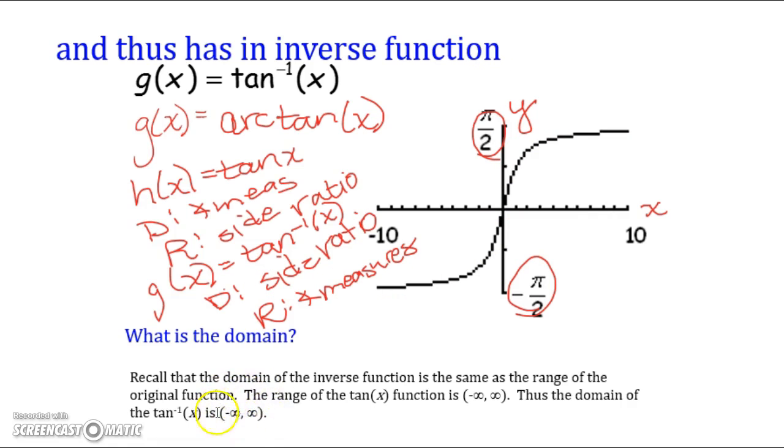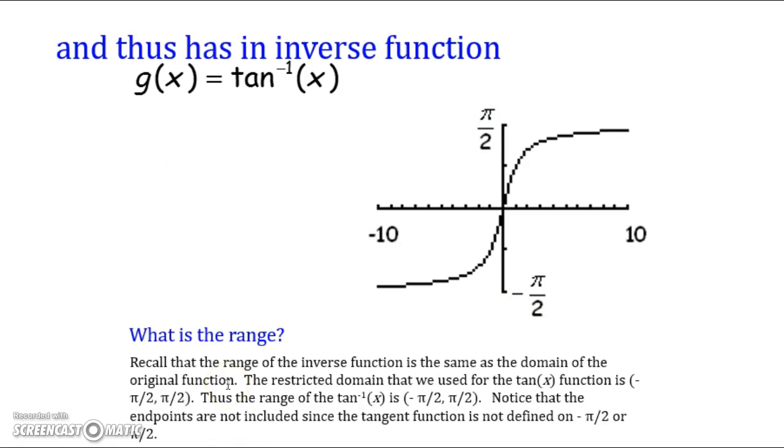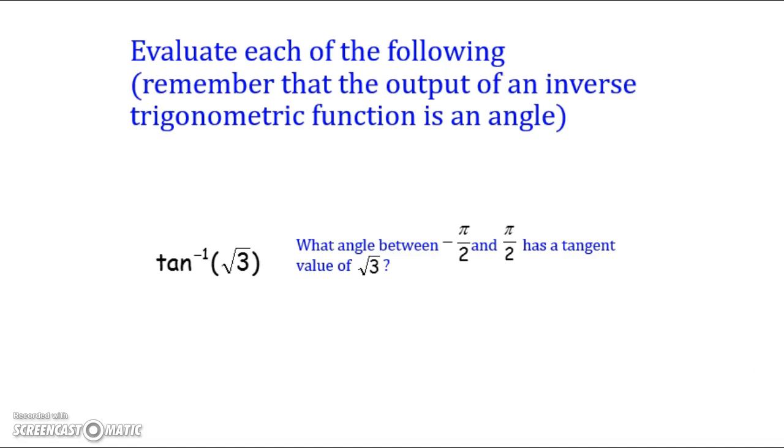So the domain for the tangent inverse function is negative infinity to positive infinity, while the range is restricted from negative pi over 2 to positive pi over 2. So now that we understand that we can have a tangent inverse, let's work some tangent inverse problems.